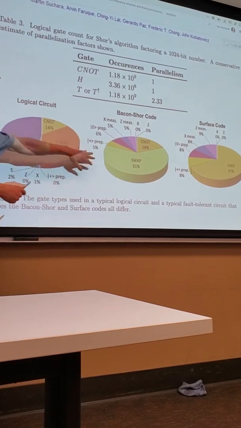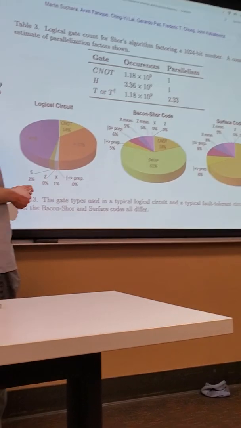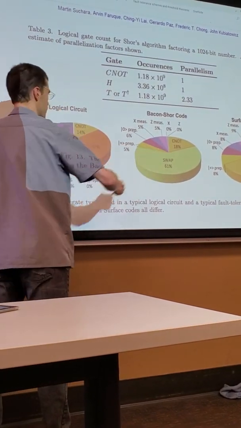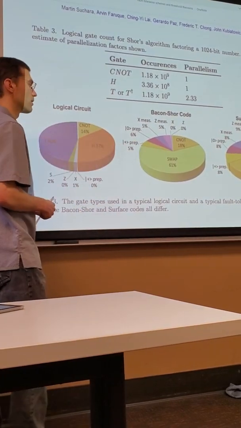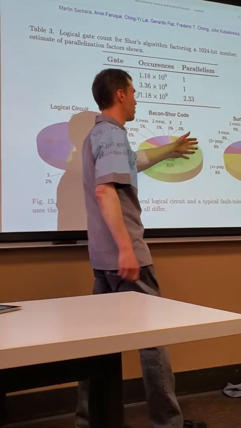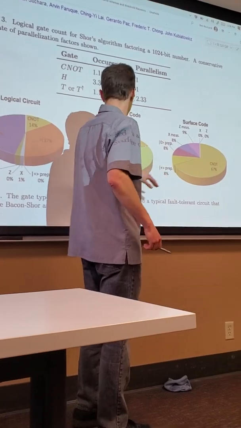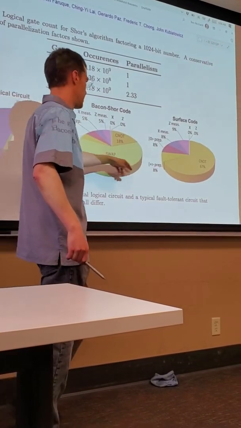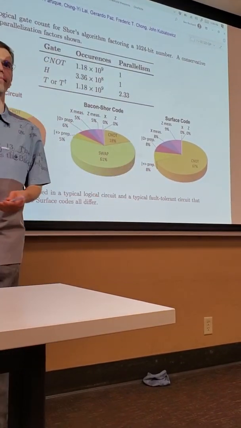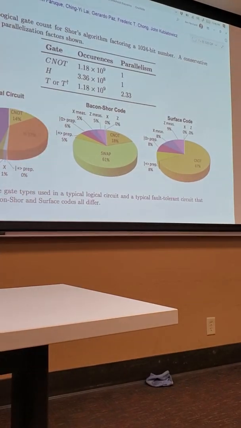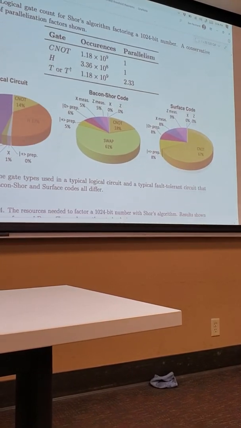So this has changed completely into this. You still have a lot of CNOT gates for error correction, even more CNOT gates. Whereas if you use a different code like the surface code, I no longer have swaps, but now I just have even more CNOT gates. So that's kind of fun to see how things change.